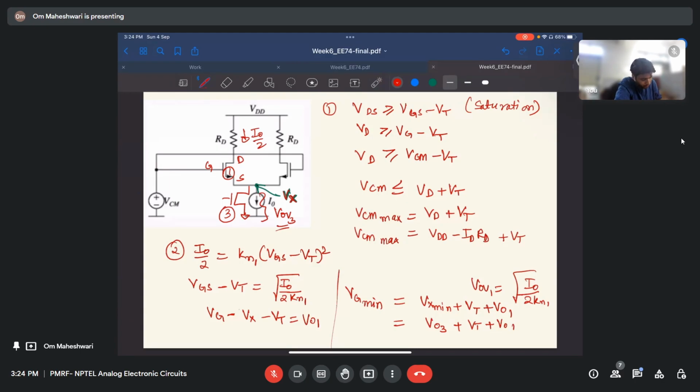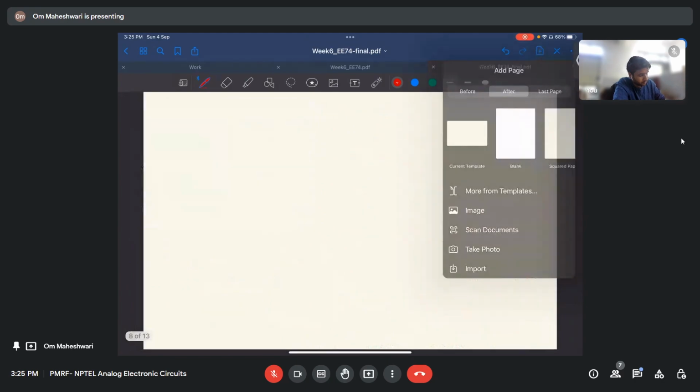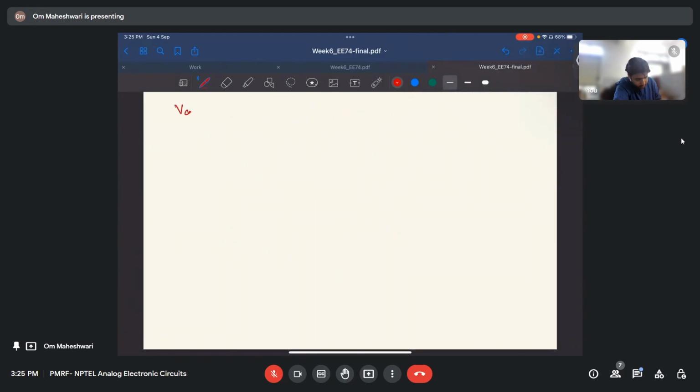So if we apply this voltage drop here also, it will be 2 VOV plus VT, VG min. I can write it as: VG min is nothing but VCM min. I'll write VCM min = 2 VOV plus VT.